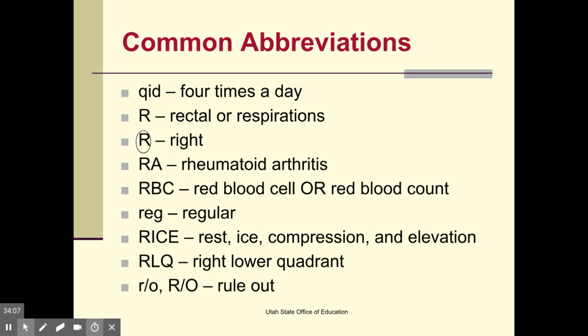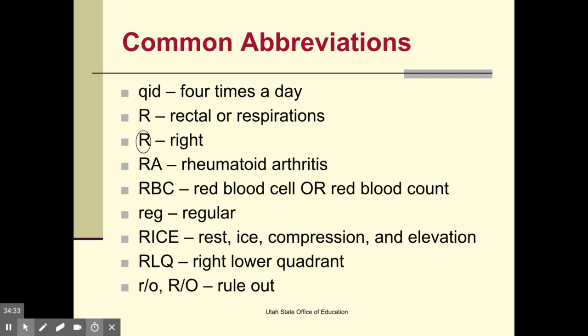We use capital R for respirations. If we're going to use capital R with a circle around it for right, we generally have it related to something else, like right lower extremity, RLE, or right upper extremity, RUE. It's not going to generally be by itself.